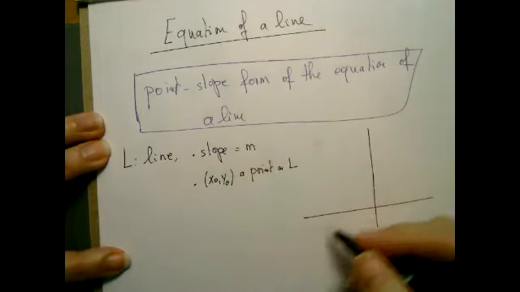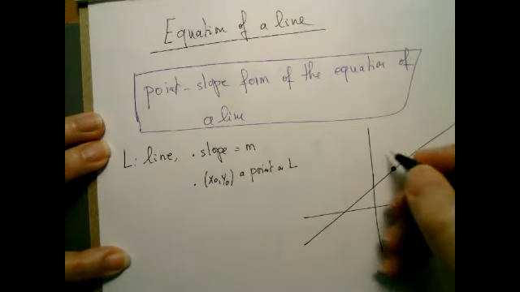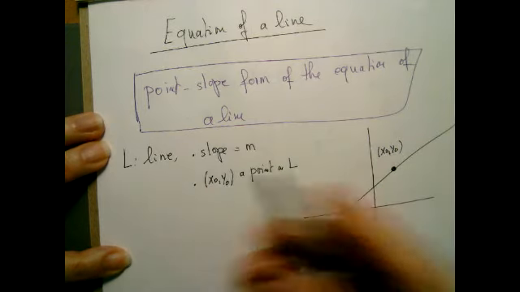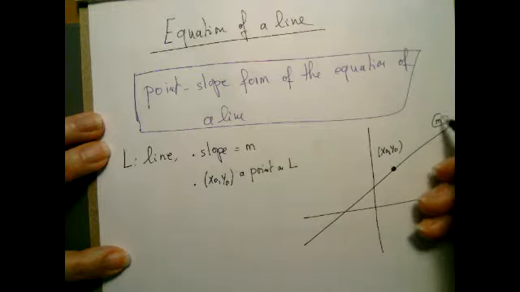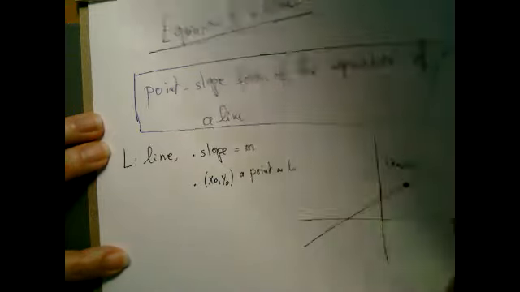So suppose you have a line, you know one point, and you know the slope. As we said a minute ago, if I know both, I can draw the line. And now my goal is to tell you how to find the equation relating x and y.